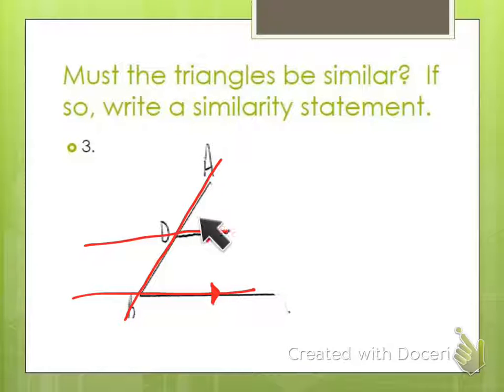What do I know about the relationship between this angle here at point D and this angle down here at point B? They're on the same side. They're not both exterior though. Down here at B, I'm interior. Corresponding. Very good. They're on the same side and they're both above the parallel line.